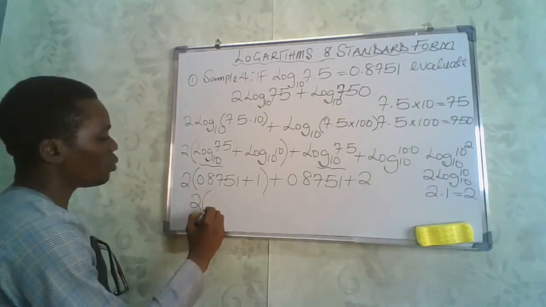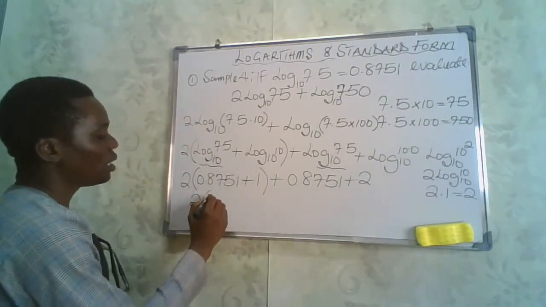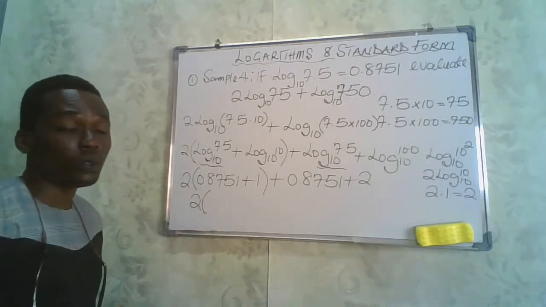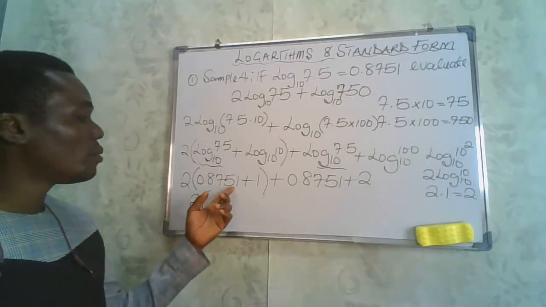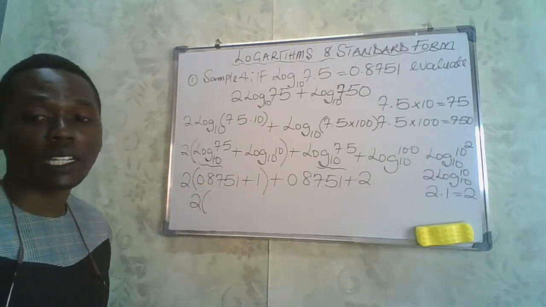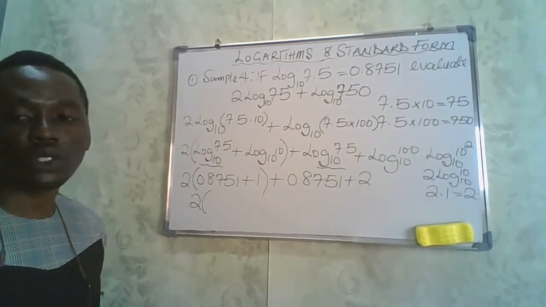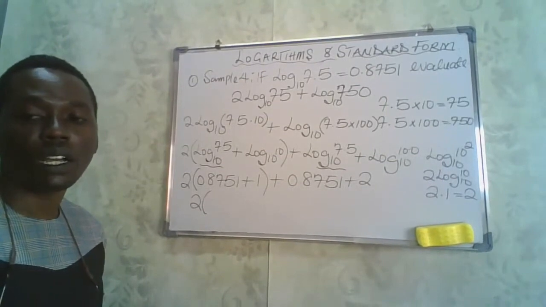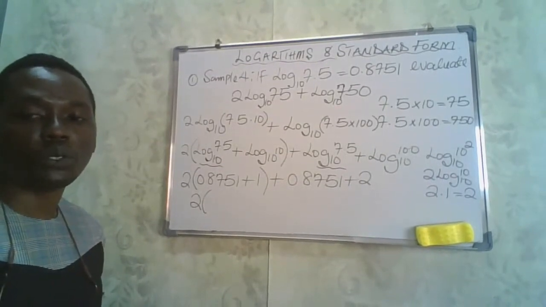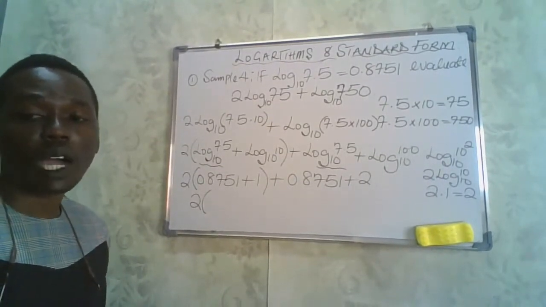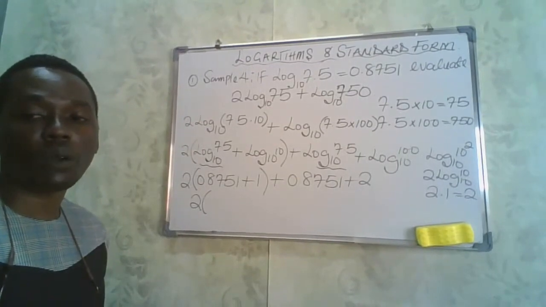will give us 2 multiplied by this plus this is going to give us 0.8751 plus 1. What is it going to give us? If you add that, it's going to give us a solution. I want you to add it, and once you add it, you multiply it by 2.